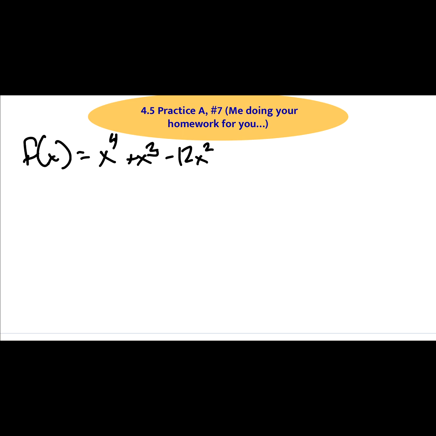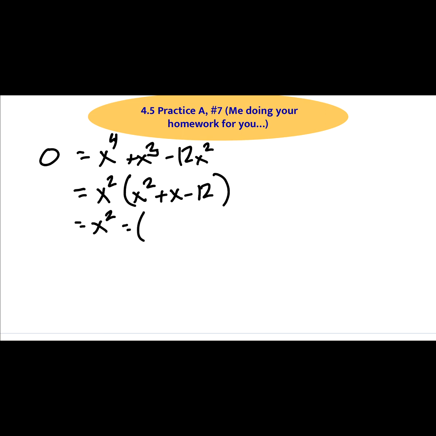Now, the directions say find the zeros of the function, so that means we need to have this equal to 0 and solve to find the zeros, and then we need to sketch a graph. So first, let's find the zeros. Factor out an x squared. Plus 4 minus 3. Whoops.